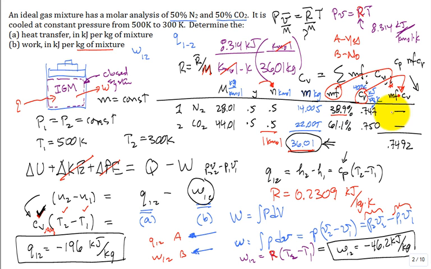All I'm doing is implementing this equation right there. See that? C sub V is the sum of the mass fractions times C sub V of each of the components.